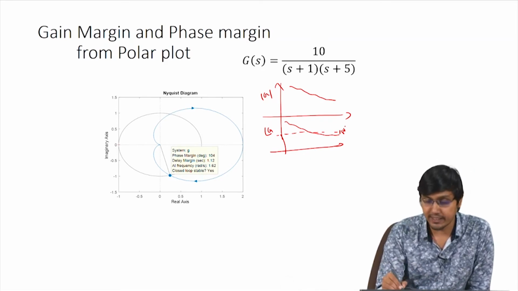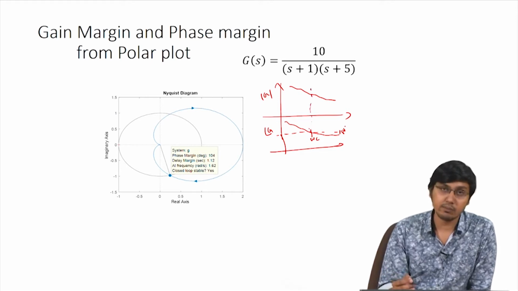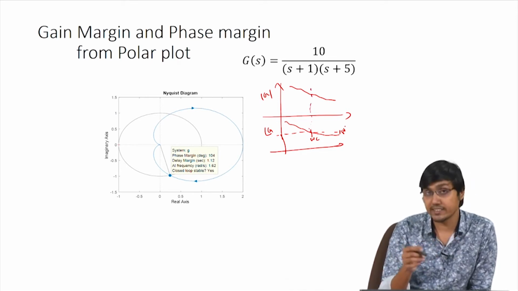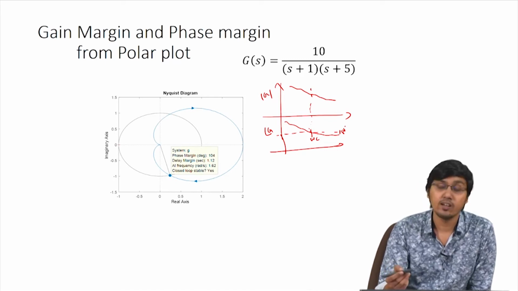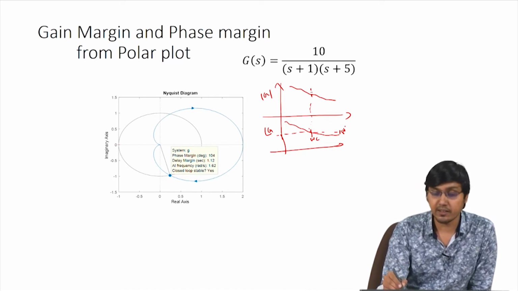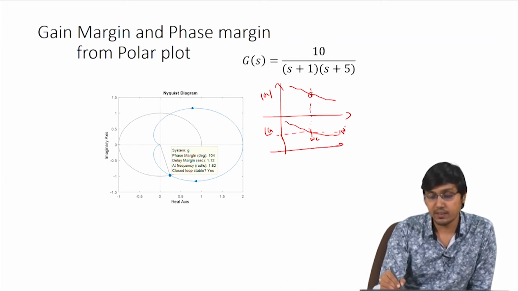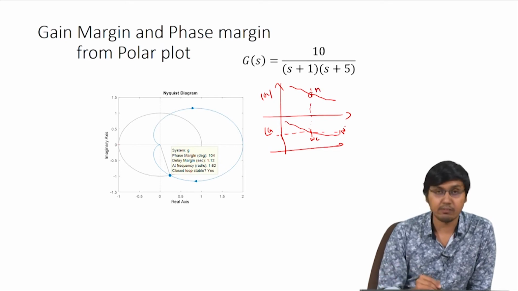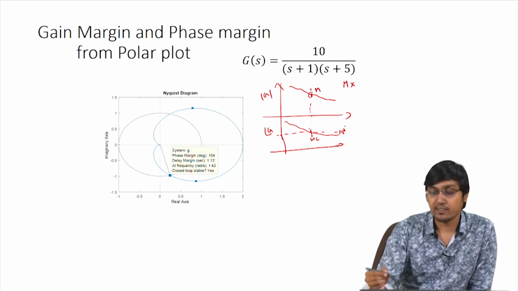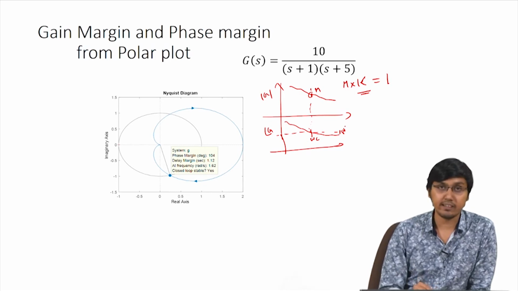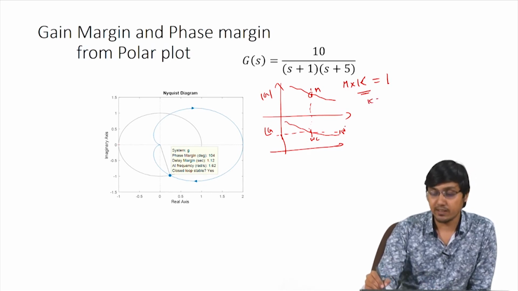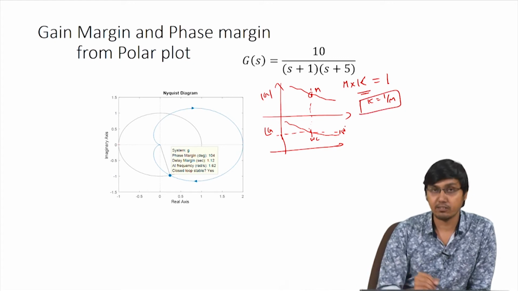This is omega c, and we see what the magnitude of G(j omega) is at that point. If the magnitude is some value m, what multiplicative gain k can we apply so that multiplying makes it 1? So k is nothing but 1 by m, and that is the multiplicative gain margin.